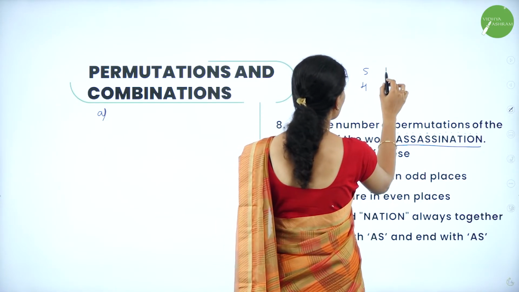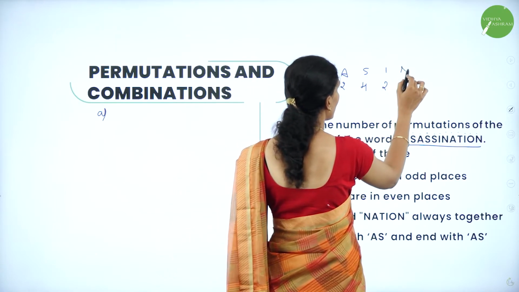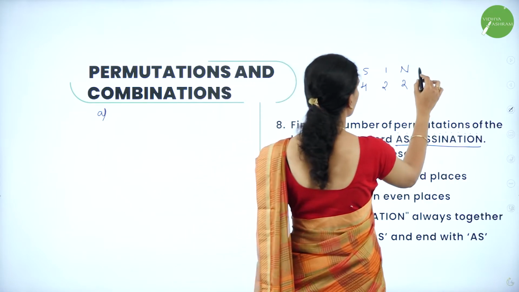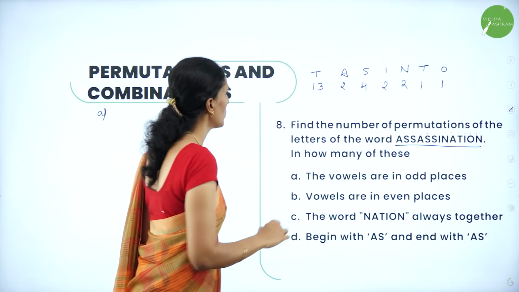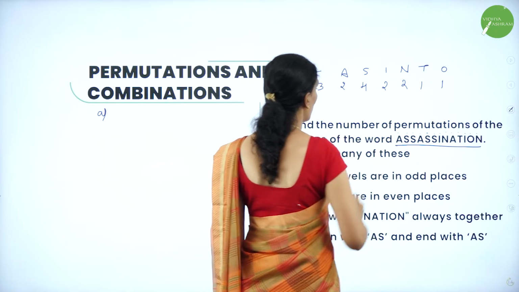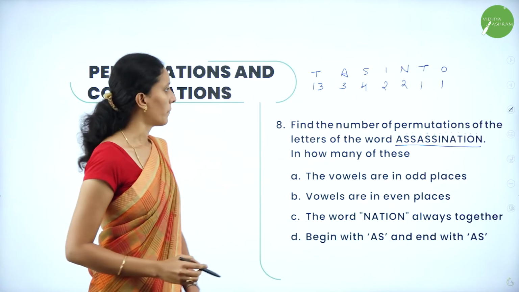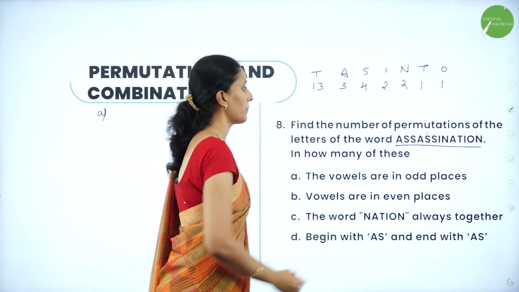How many times is I repeated? 2 times. How many times is N repeated? 2 times. Next, T 1 time, O 1 time. So A is repeated 3 times. So total we have 13 letters, out of which each letter is repeated like this.